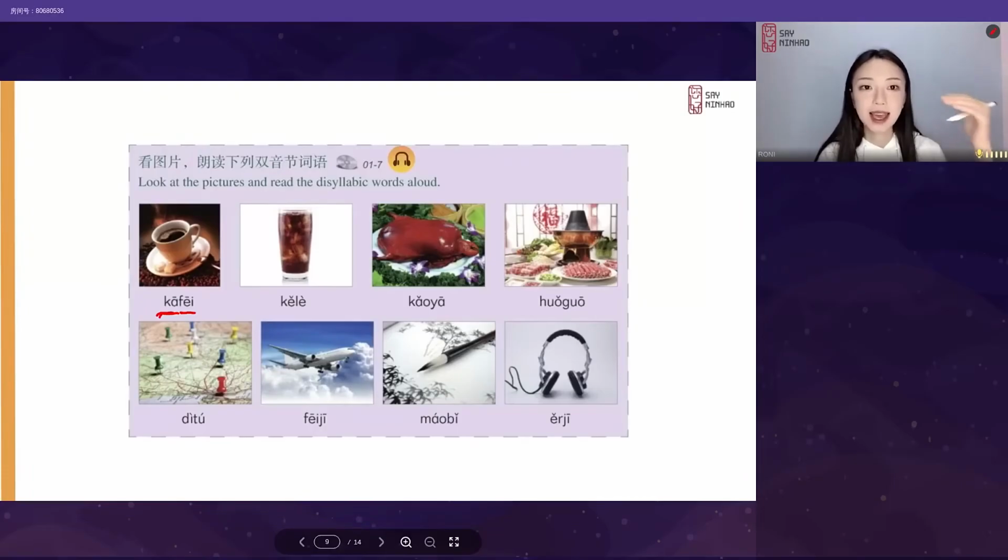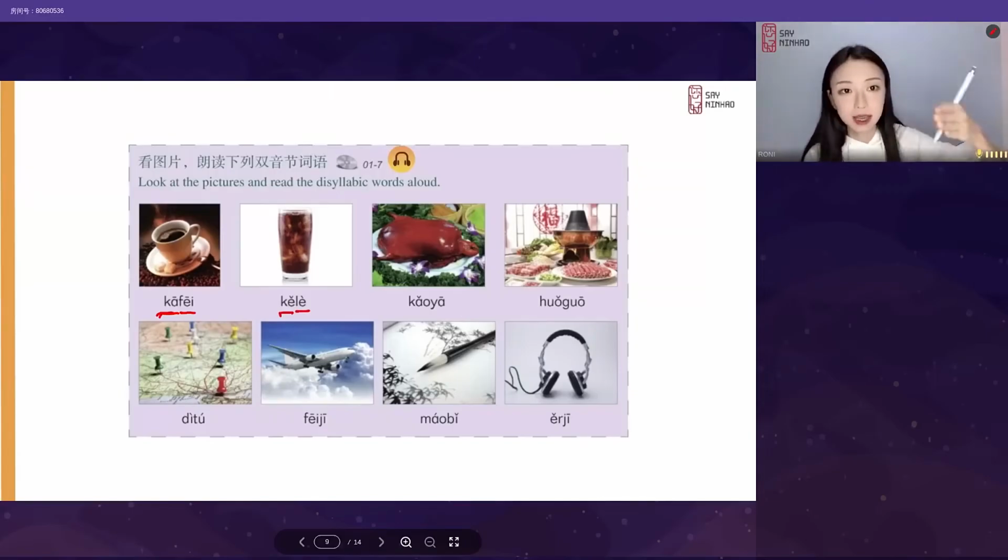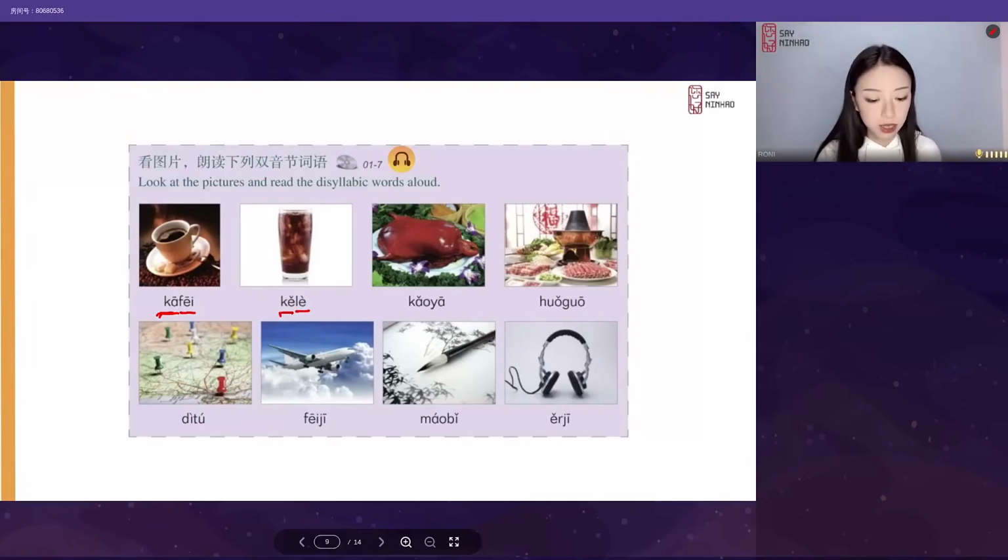Ka fei. Next one, kele. Read after me, please. Kele. It is a third tone and fourth tone. Kele, which means cola. Next one. Kao ya.